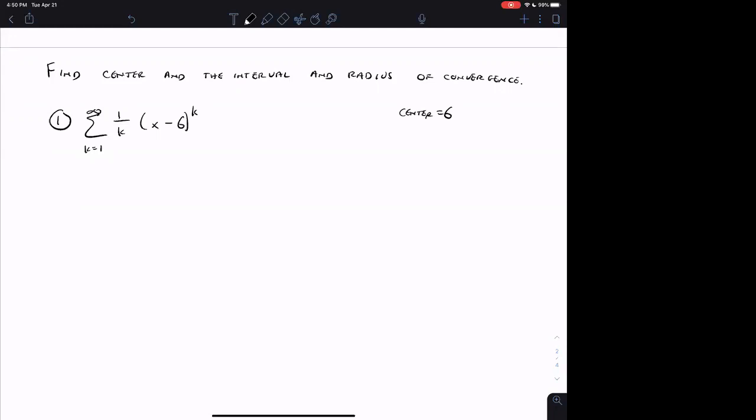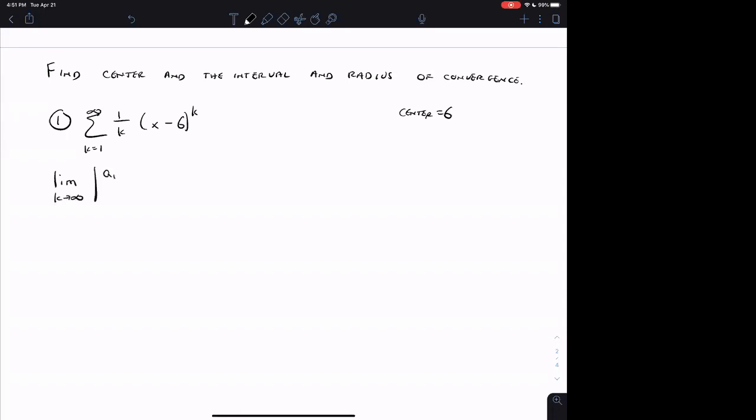In order to find the interval and radius of convergence, what we do 90% or 99% of the time is use the ratio test. In a few cases, we might use the root test, which would be used if everything is to the k. Otherwise, we use the ratio test.